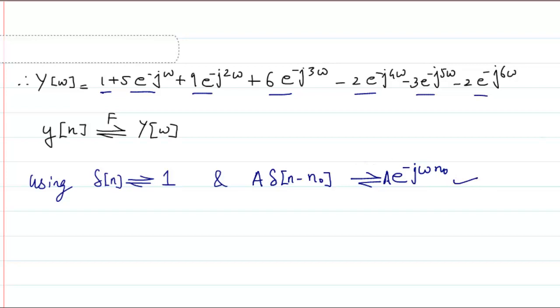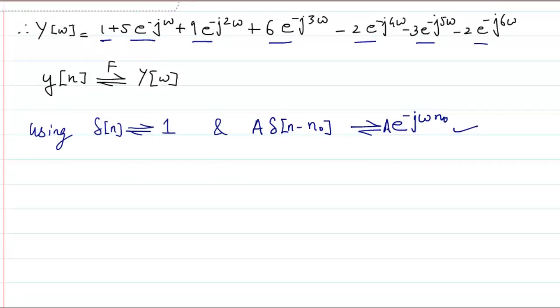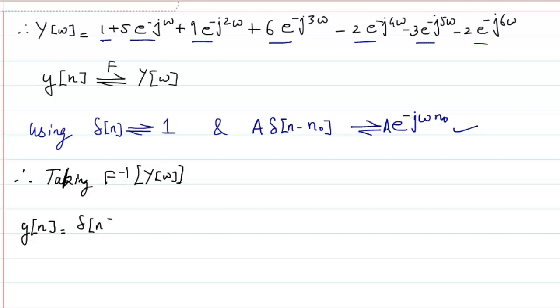Taking the Fourier inverse of Y of omega, I will get y of n, which is equal to, one is going to be delta n, the second one is plus 5 e raised to power minus j omega.